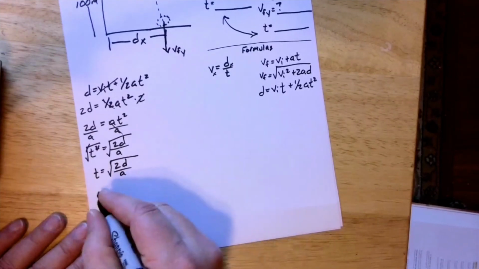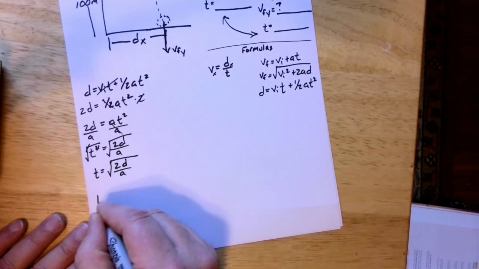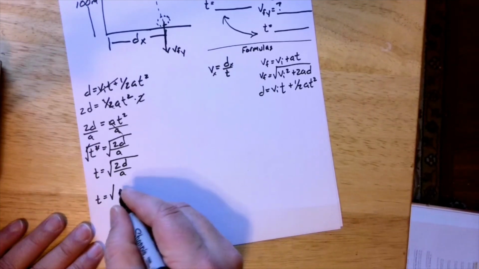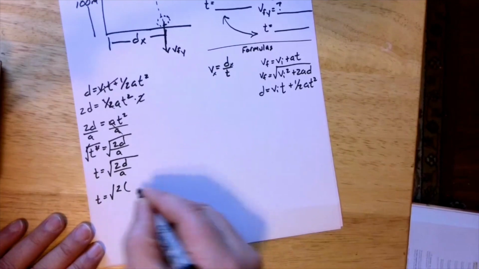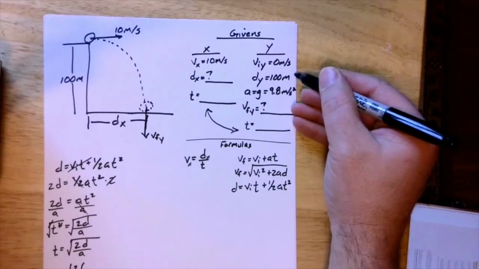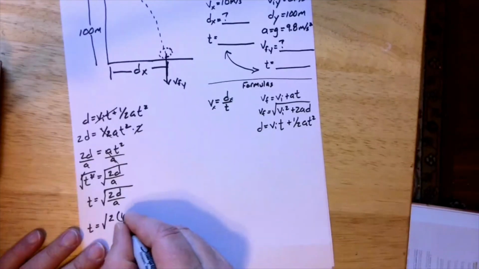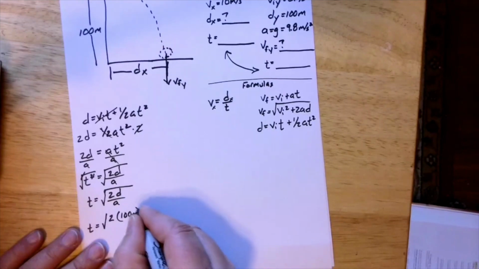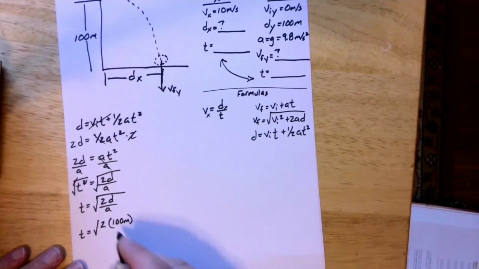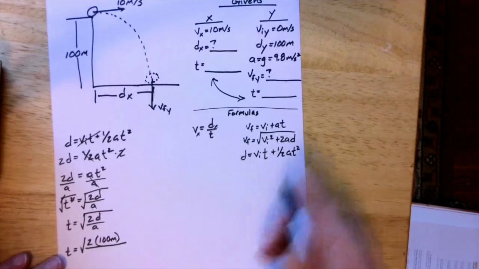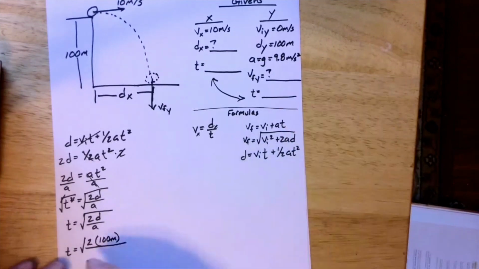So let's plug in the numbers. Time is equal to the square root of 2 times the distance. The distance is 100 meters, divided by the acceleration, well, it's falling, 9.8 meters per second squared.